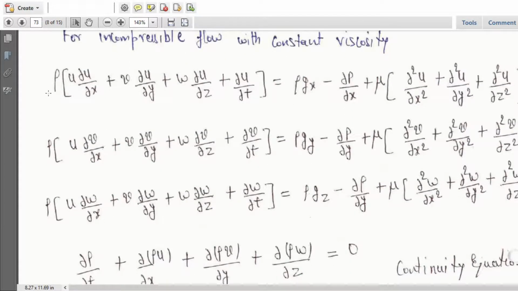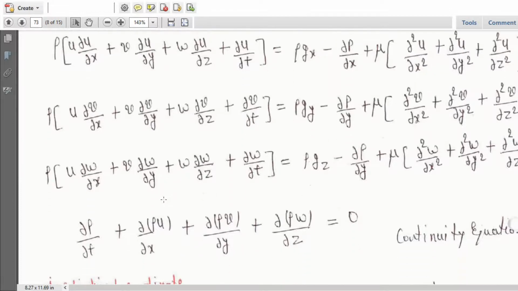So here it will become rho times u del u upon del x plus v del u upon del y plus w del u upon del z plus del u upon del t equal to rho gx minus del p upon del x plus mu times del square u upon del x square plus del square u upon del y square plus del square u upon del z square. Similarly for y component, similarly for z component.